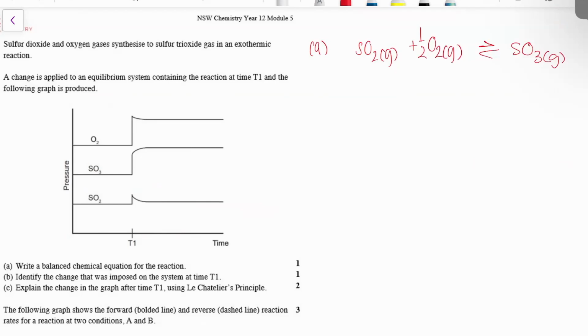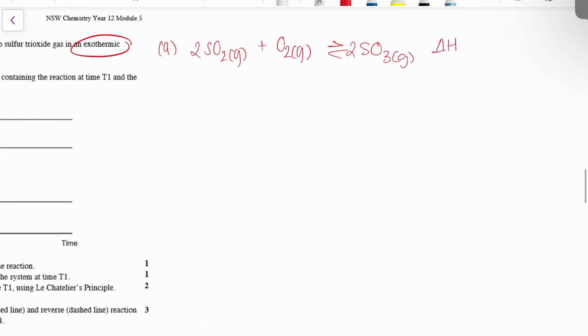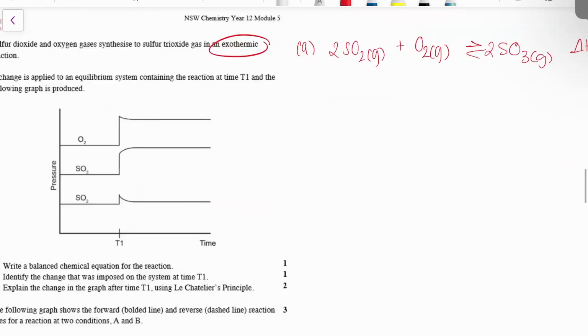And then if I multiply the 2 out, I'll get whole number coefficients. So this will be 2 and 2 here. And then once again, just to add a little bit of extra detail, they told me it's exothermic, so I'll just do delta H less than 0.